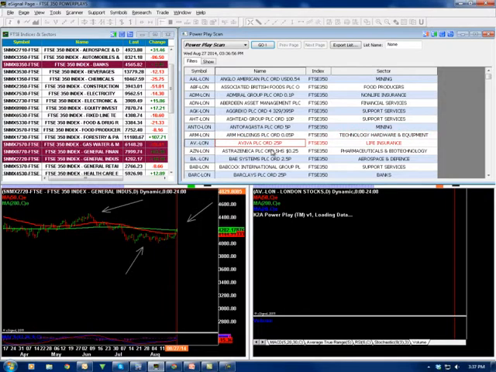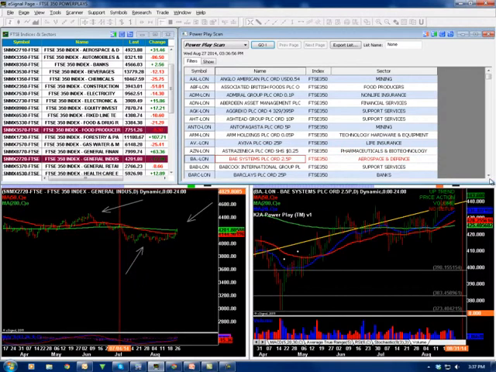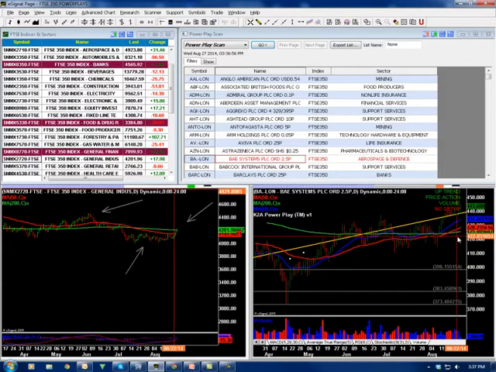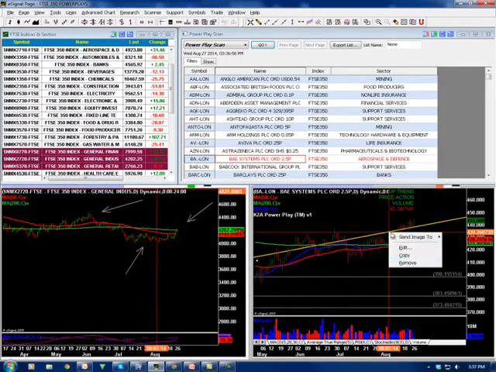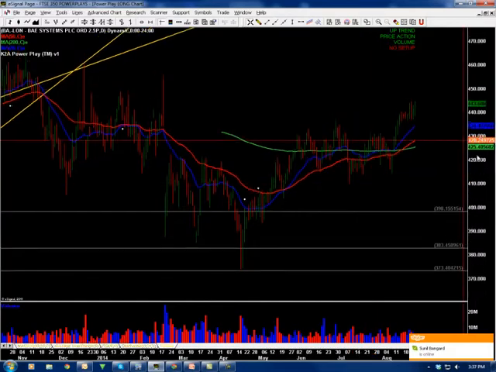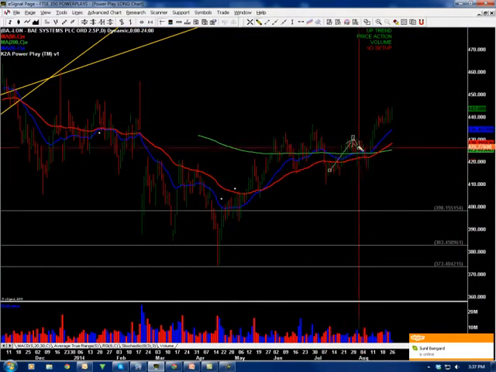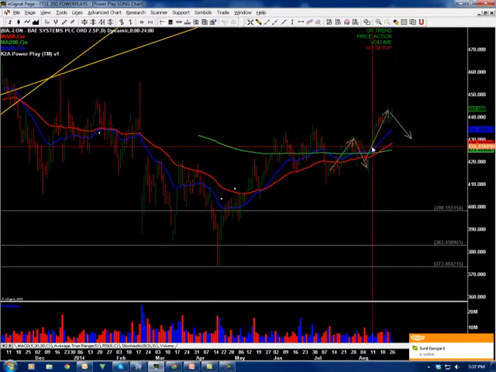Let's see what else. And see what else we have. Let's have a look. Well, it's giving new highs here. Pushing up, giving new highs.